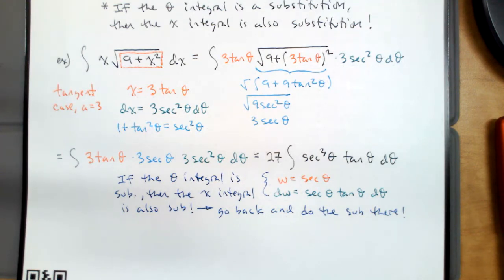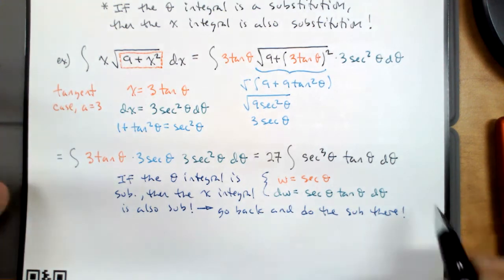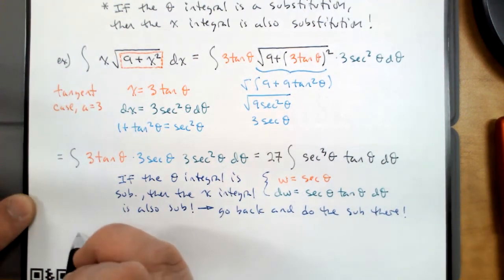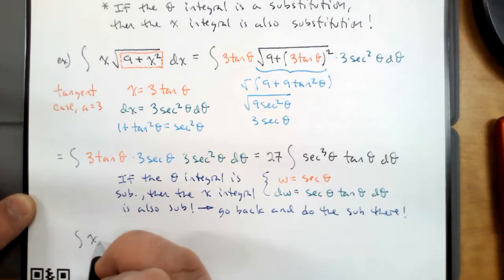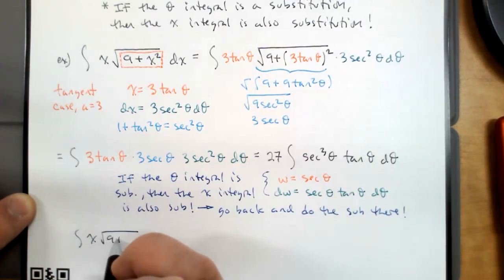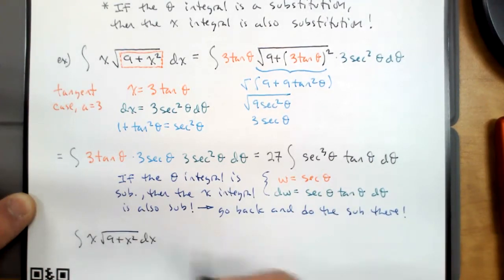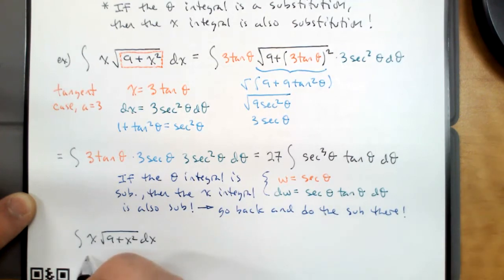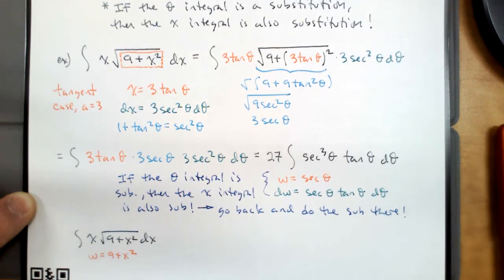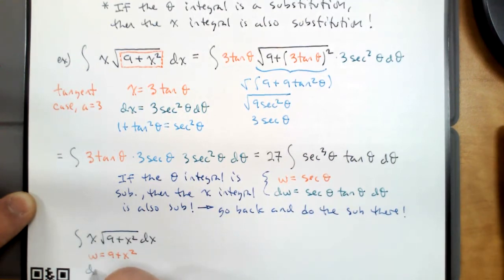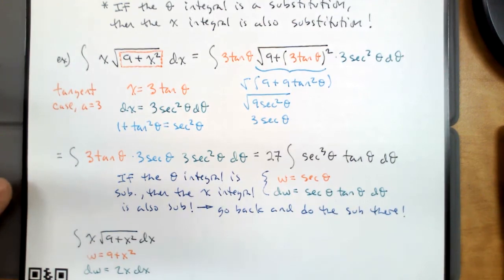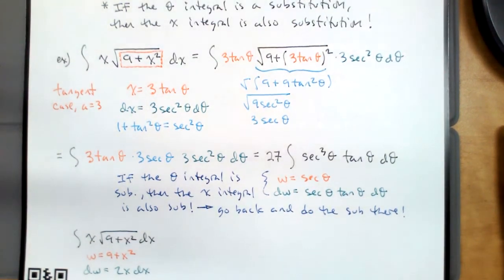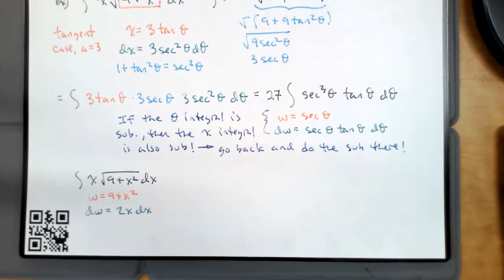So it's at this point we should recognize, oh, hang on, let's not do this. The integral of X times the square root of 9 plus X squared dx. The substitution is W equals 9 plus X squared. Then dW is 2x dx. So a half dW is the x dx.